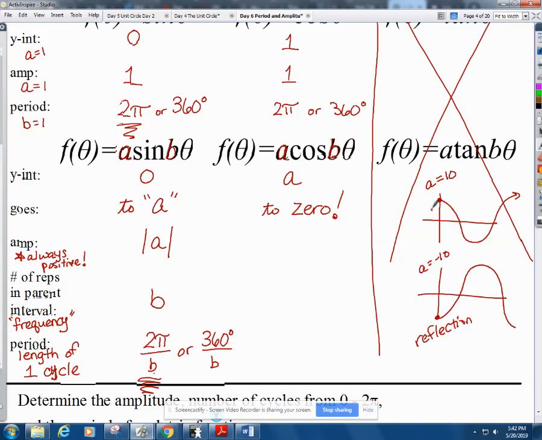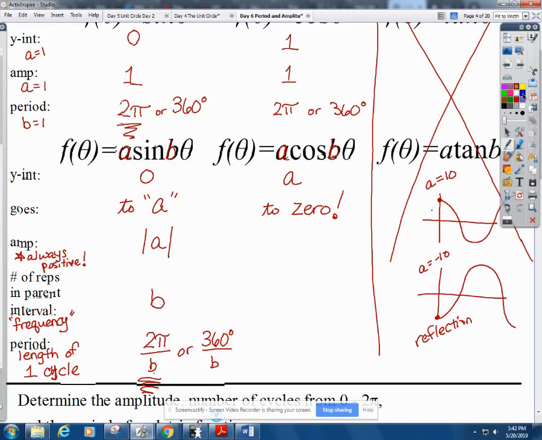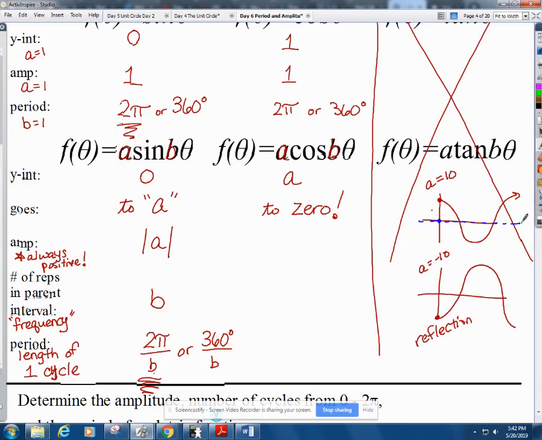of this graph. The amplitude, though, is always positive. So if A was 10, the height is 10. It's always the height from the midline, the middle of the graph, from 0 to the highest point, which would be 10.